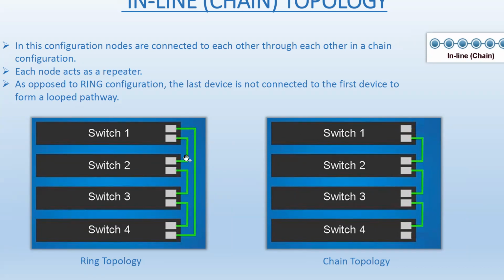These 4 switches are connected in a ring topology. See, there's a kind of closed loop here. And these 4 switches are connected in a chain topology. Of course, the ring will be the more efficient one because if there is a broken link here somewhere, then this switch will not be able to communicate to that in the chain.